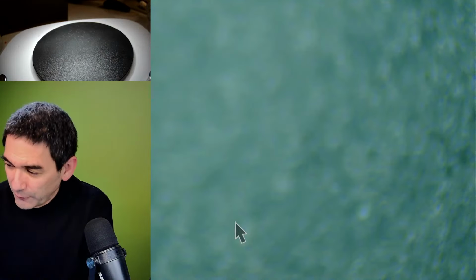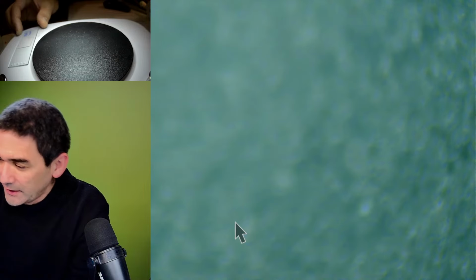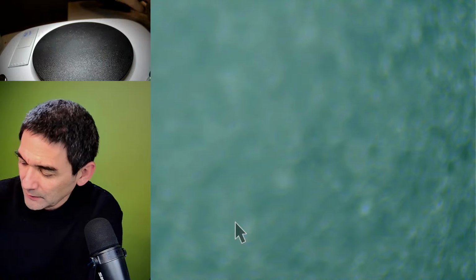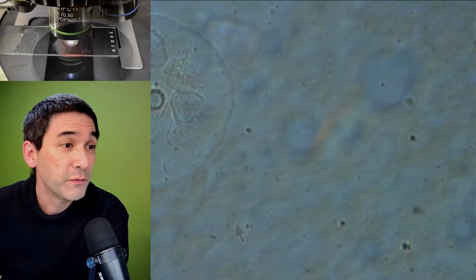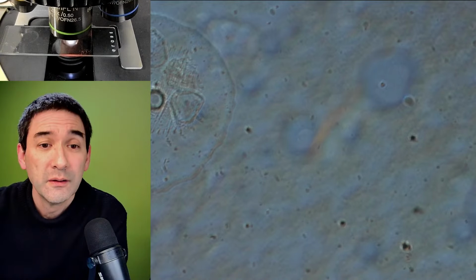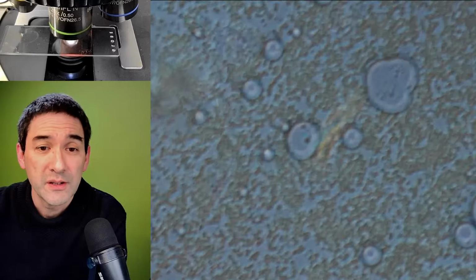So let's do the following. Just for the fun of it, let's have a quick look at my blood, how my blood is doing, because after all, I did not want to have hurt myself for nothing. Here we go. Here are the red blood cells.